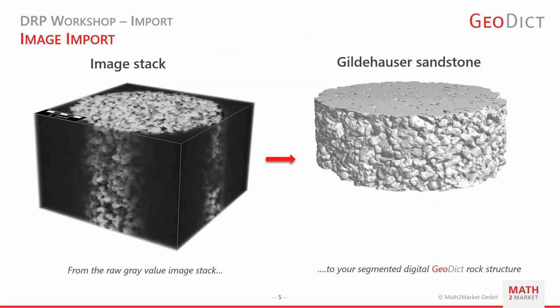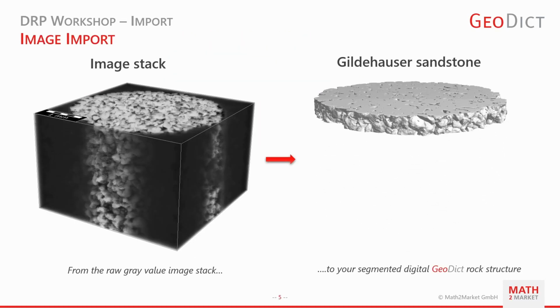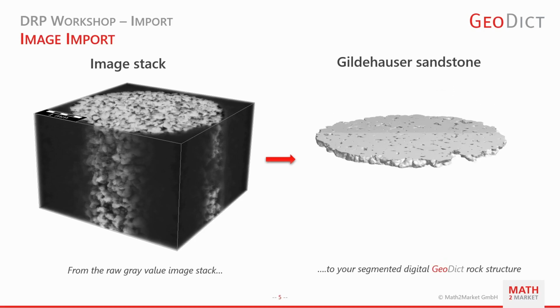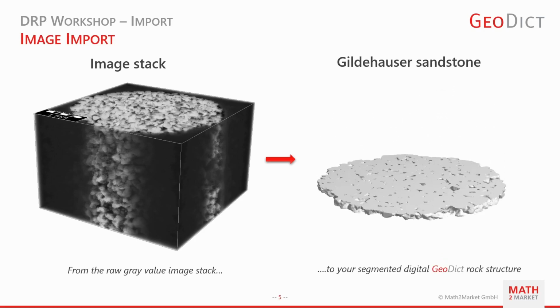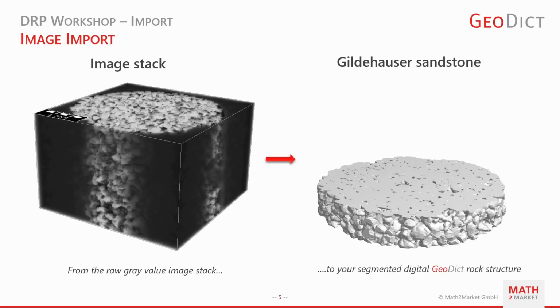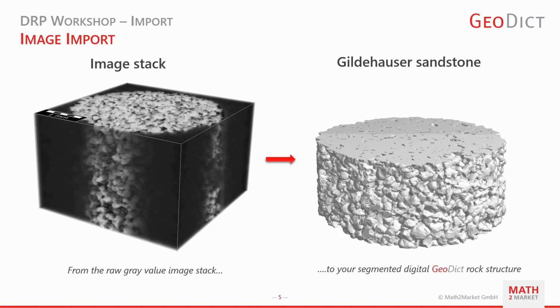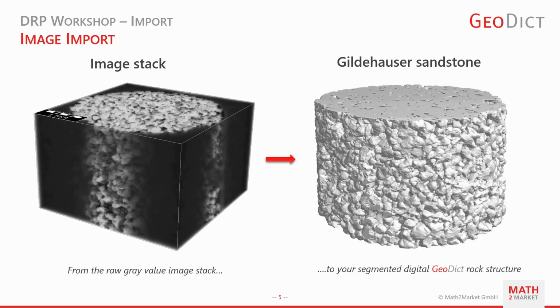The aim of 3D image processing and segmentation is to create from a stack of gray value images on the left a structure on the right, valid for further simulations. We start with loading gray value data, then we segment them, process, label, and visualize the 3D image of the outcropped Gildehauser sandstone.